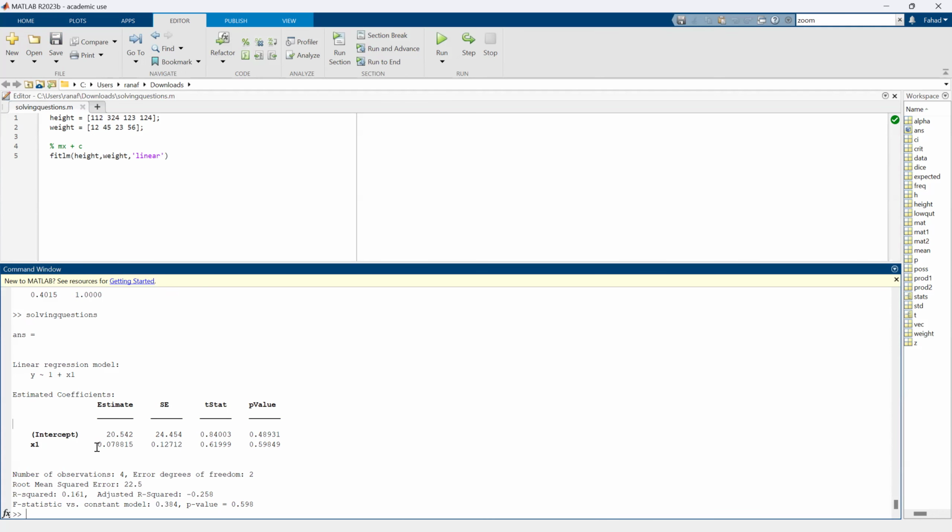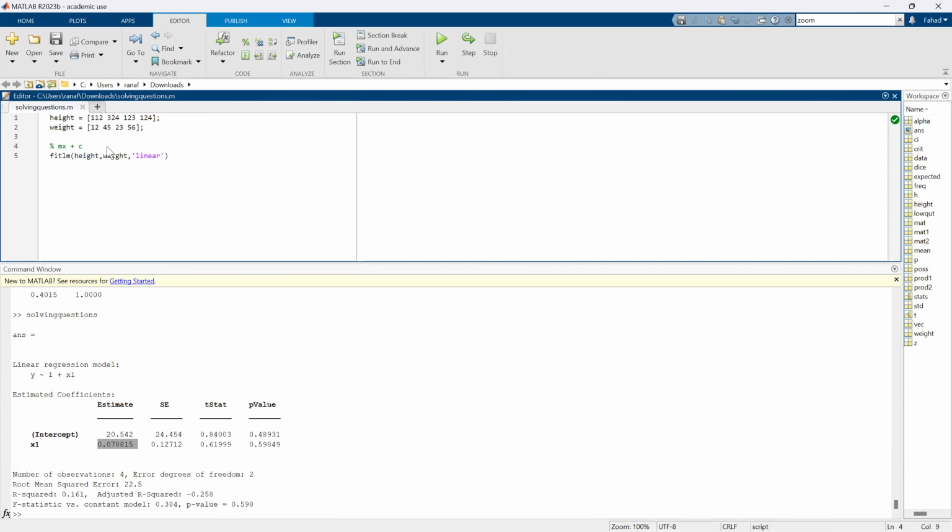This x1 is m, and the other is the y-intercept. By the way, my data is really bad. In real data, this would be more elegant than 0.07. The equation you write would be 0.0078 x plus 20.542.